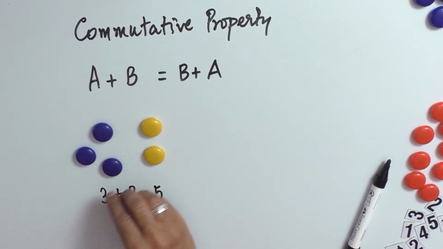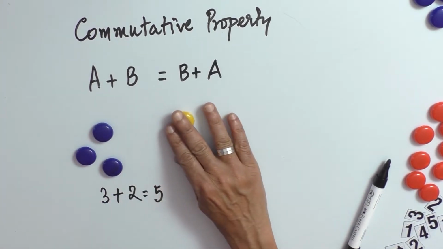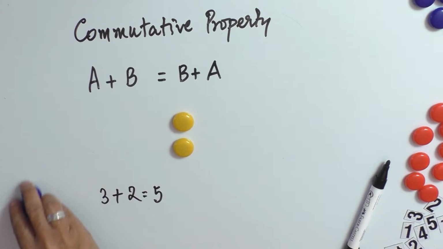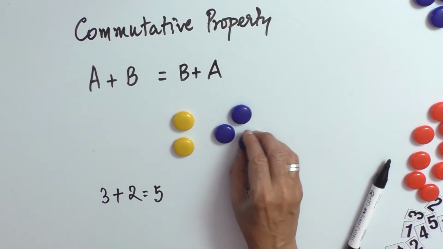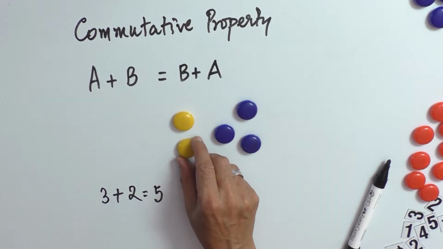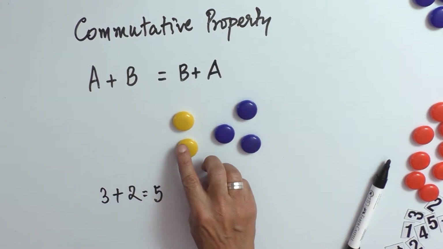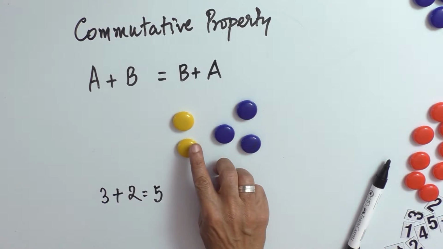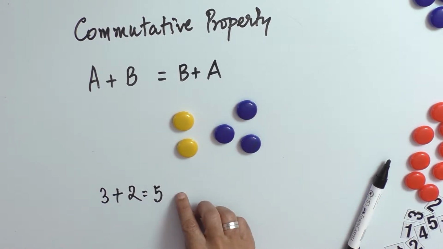Now, we have to prove that, first take 2 and then take the number 3. Okay? First, we took the number 3, added it with the number 2, which is the set B, we got 5.